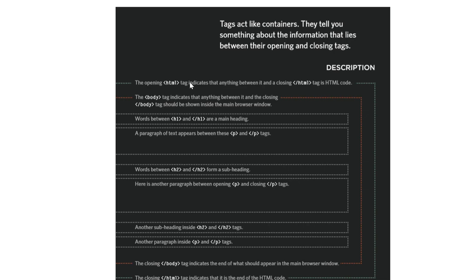The body tag indicates that anything between it and the closing body tag should be shown inside the main browser window. Words between h1 and /h1 are the main heading.